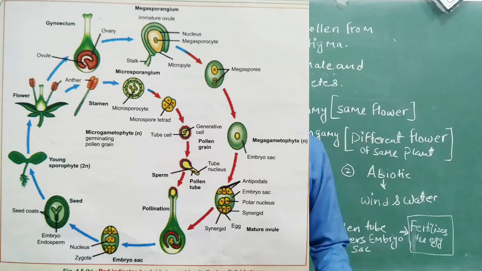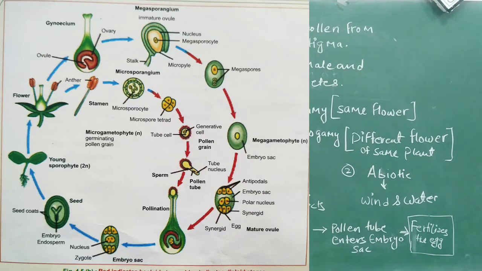And the second image that I'm showing you indicates the fertilization. The haploid stages are in red, and the diploid stages are in blue, as you can see the whole process of fertilization.